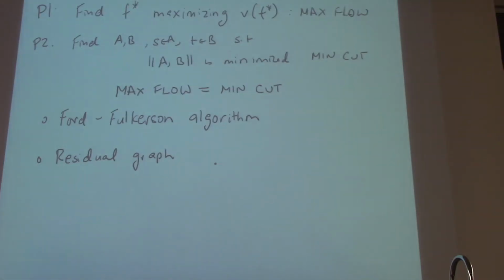The question then became, when this algorithm stops, as it will stop, does it give us the correct answer? Has it maximized the flow? The only way we know how to prove this is by showing that there is a cut of the same value, because at that point we know it's guaranteed to be the maximum. You couldn't have got a better flow, because there was a cut of that value.